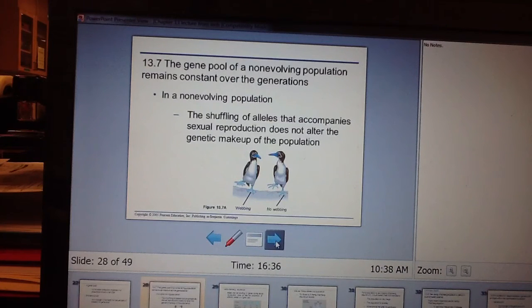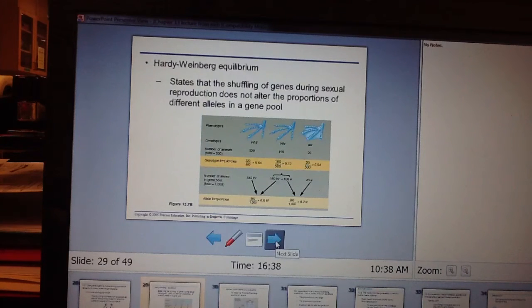That's a non-evolving population. How do we know if a population is changing over time? One, we can look at it, or we can do some mathematics. It turns out that the mathematics really helps us show evolution because it can give us a number of how much things are changing.